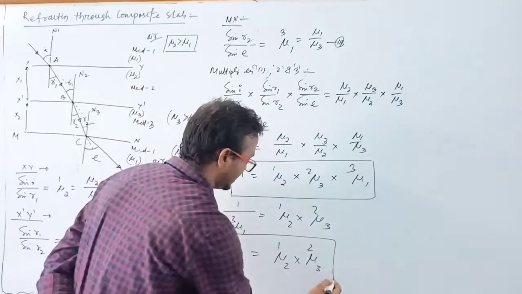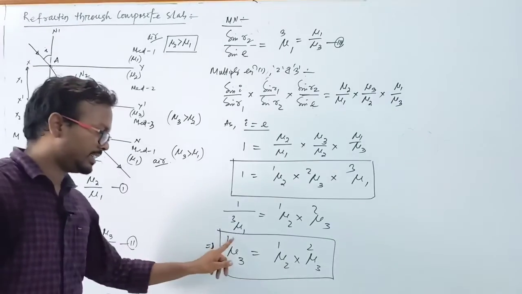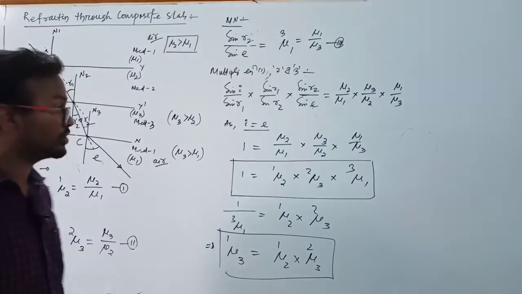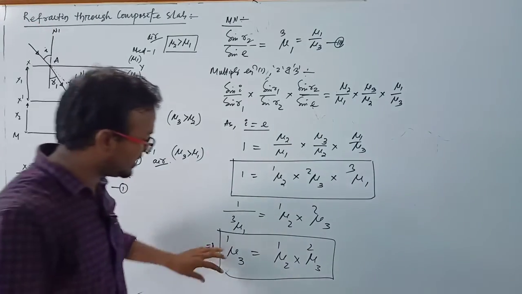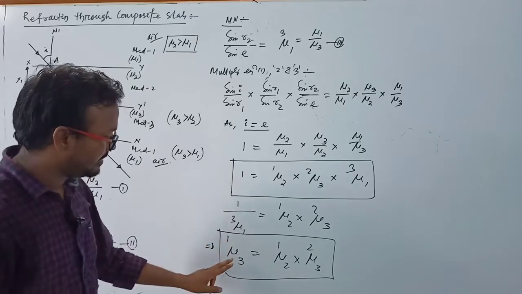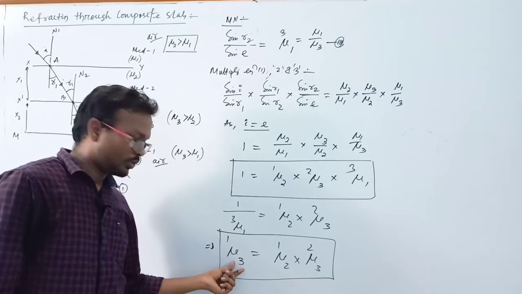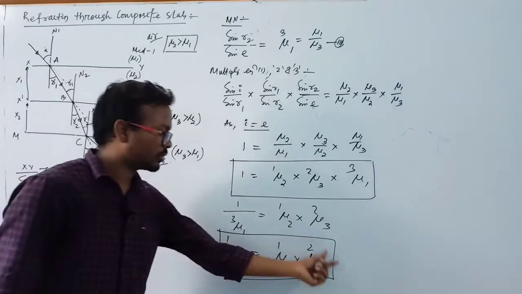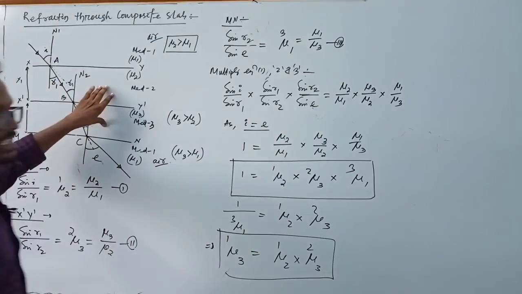Clear? And this equation indicates that the refractive index from first to 3 is independent of the other two. So the refractive index of the third medium with respect to the first is equal to the combination of these two refractive indices.